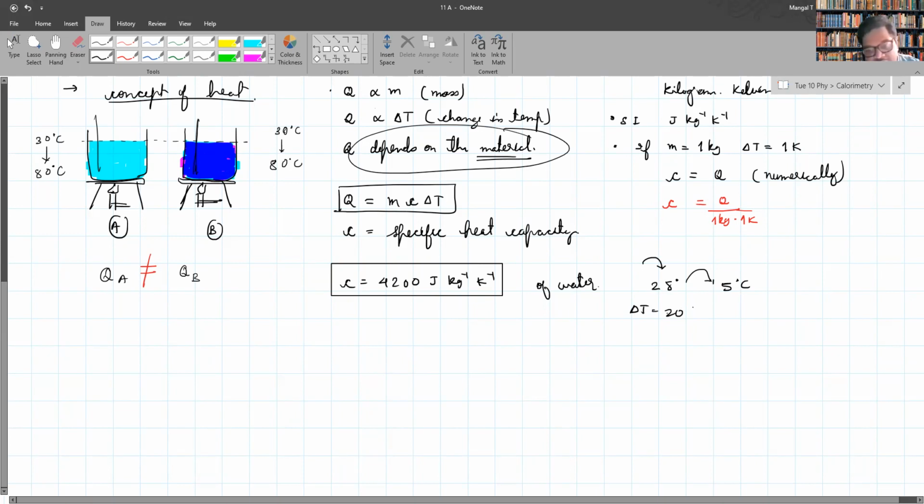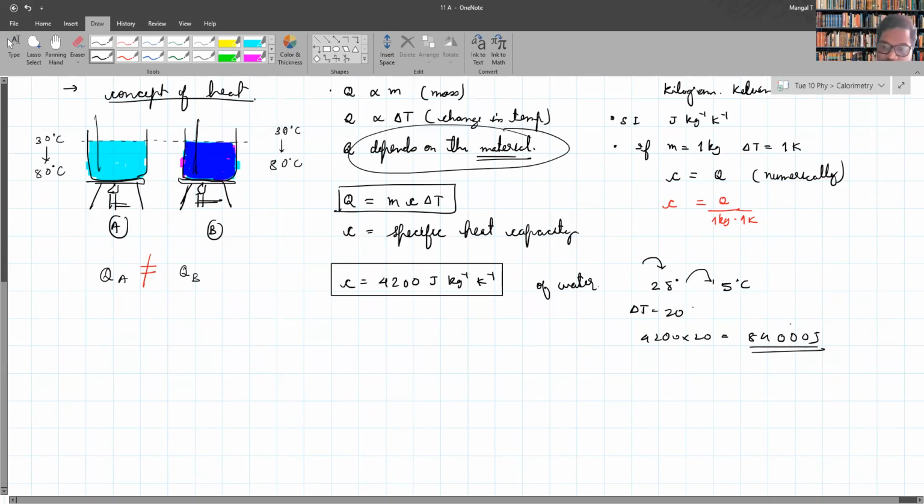For each degree, imagine 4,200 joules. So 4,200 into 20 means it will be 84,000 joules.